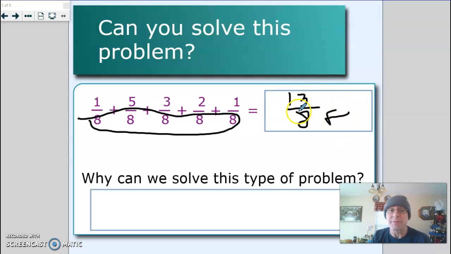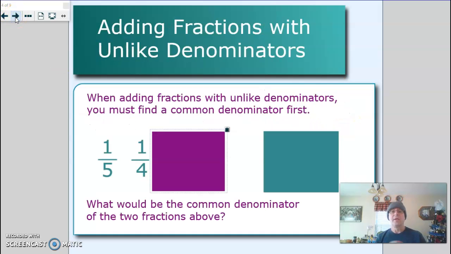This kind of problem is kind of easy, but what do we do if we have this problem, and we're trying to add 1/5 plus 1/4? We have to find a common denominator. In order to know these, you need to know your factors, your multiplication.